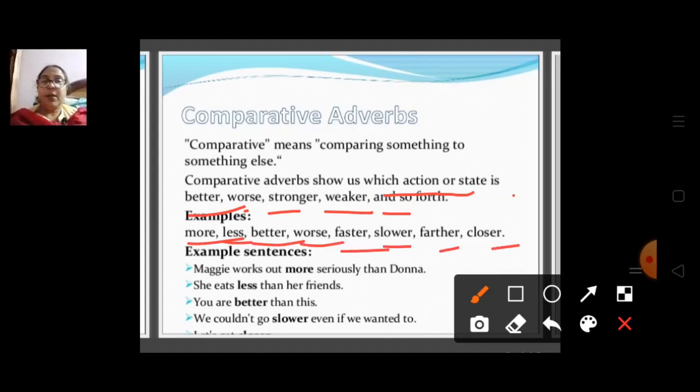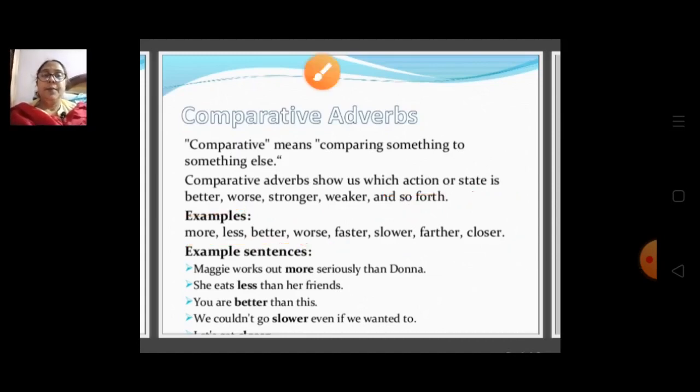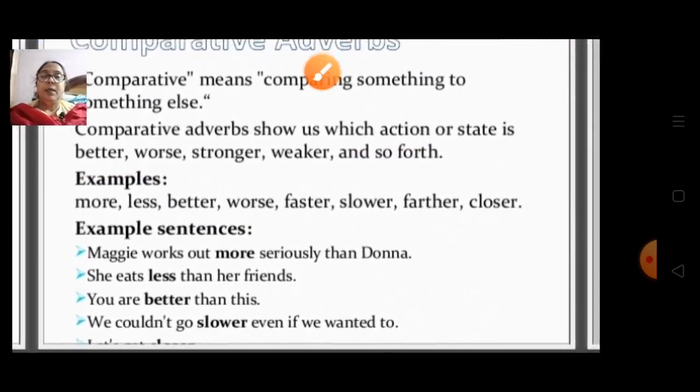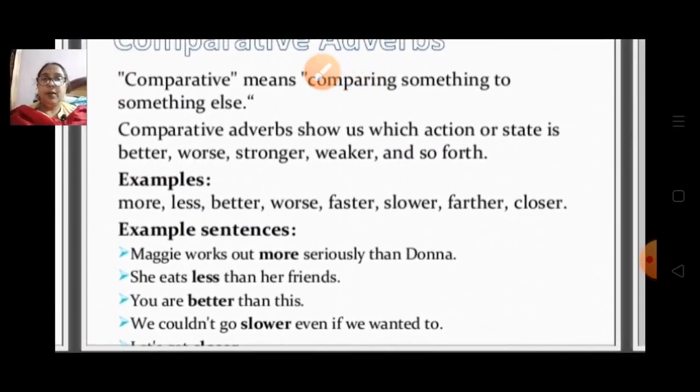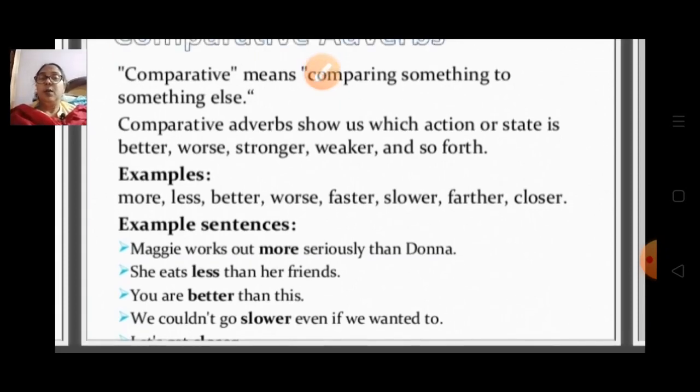For example, you can see in this clip, the examples are given here. Maggie works out more seriously than Donna. She eats less than her friends. You are better than this. We couldn't go slower even if we wanted to.